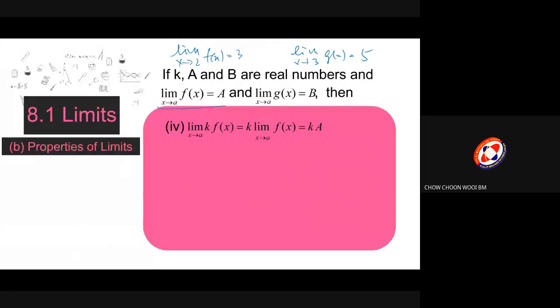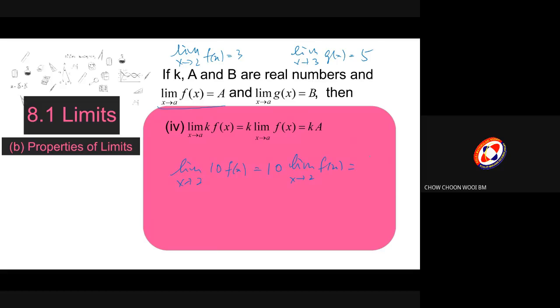So kalau saya tanya, apakah limit as x tends to 2 of 10 f(x)? Ini the first property. According to this property, we can factor out by taking out this k. K ni kita boleh keluarkan, limit as x tends to 2 f(x).